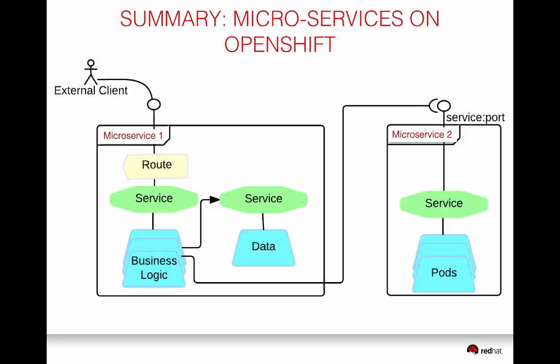The service discovery mechanism is also built into OpenShift, so you can directly talk to the Kubernetes service that exposes the pods. The different microservices running on OpenShift can talk to each other, and those microservices that you desire to expose to the outside world can be exposed via routes. So all the infrastructure that is needed to scale and run microservices is built into OpenShift already, right? That's how the platform supports microservices.